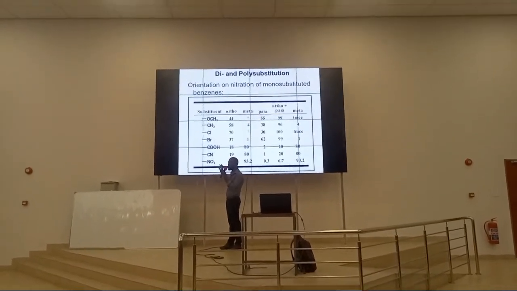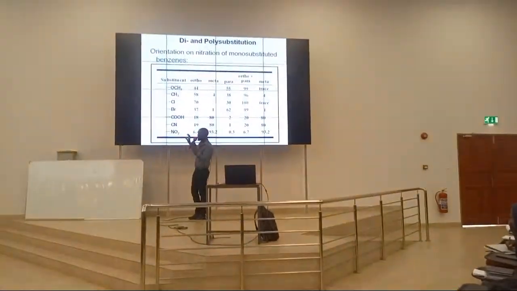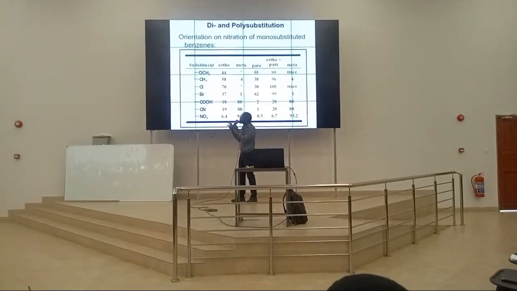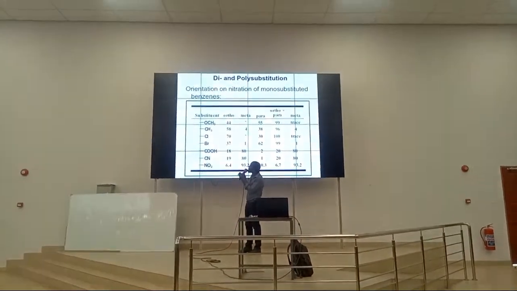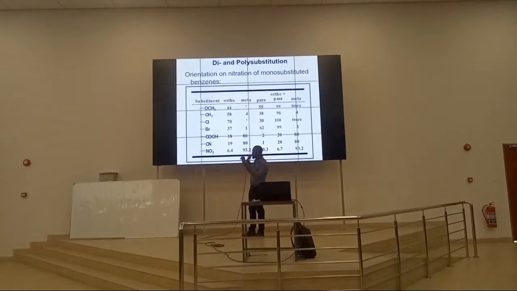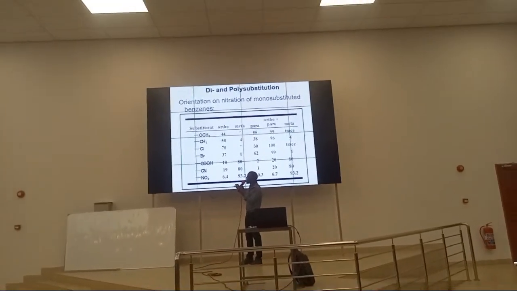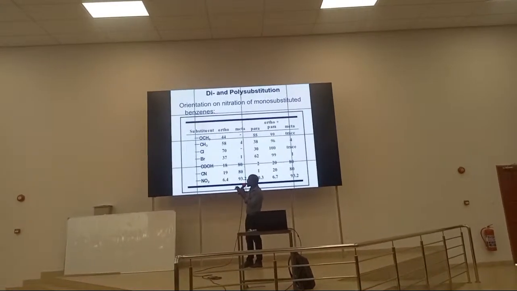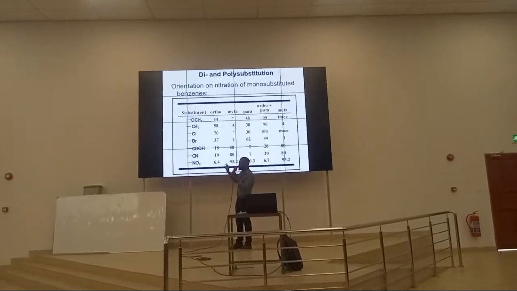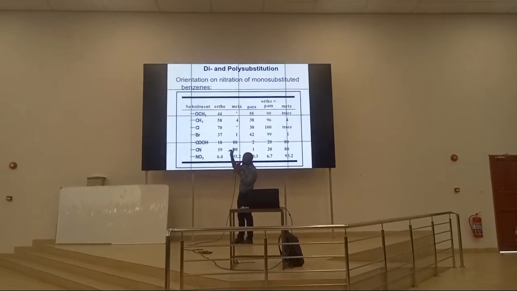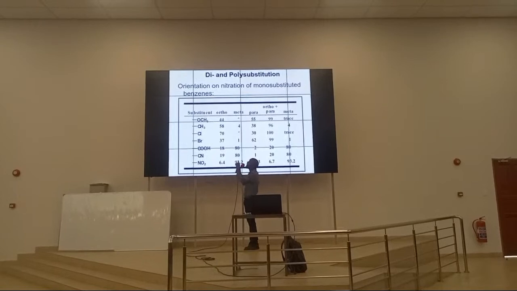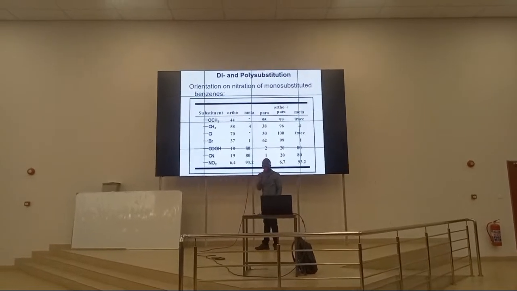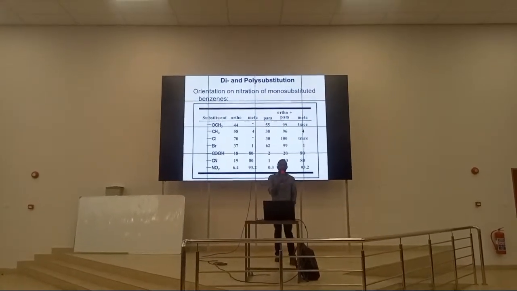So electron withdrawing groups, we are able to identify them via the presence of electronegative atoms, nitrogen and oxygen. So even in the carboxyl, we have 2 oxygen atoms. We also have an oxygen atom in the methoxy, but we are going to see that there's a second effect.